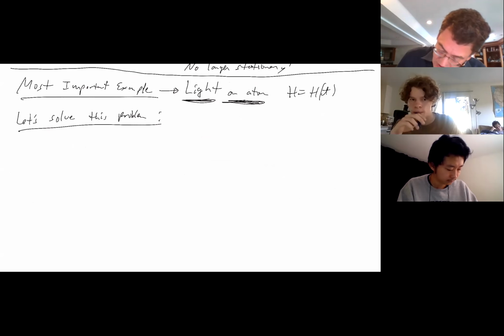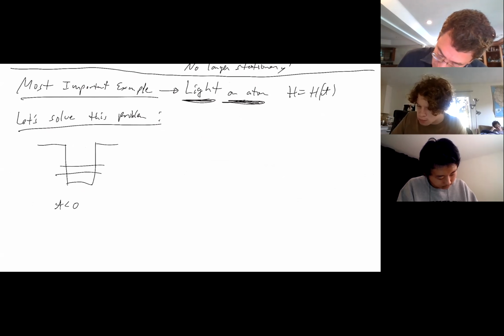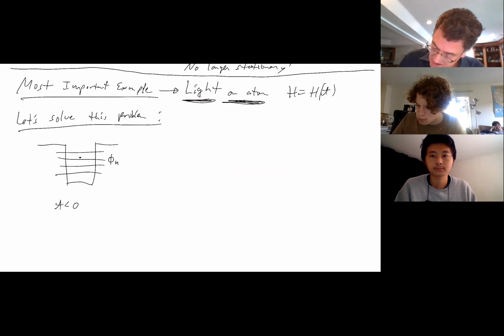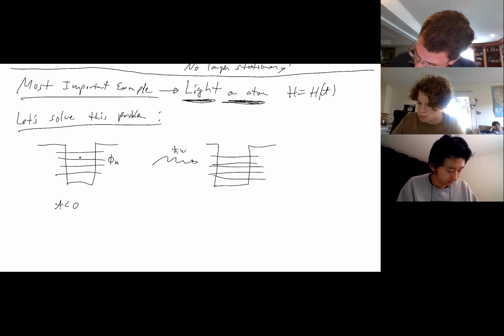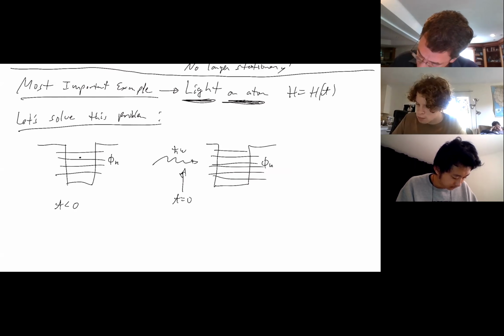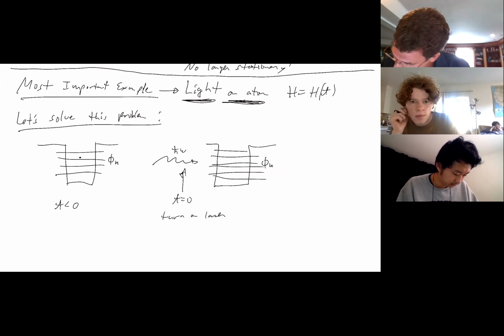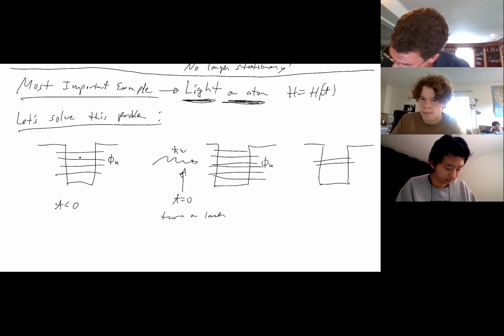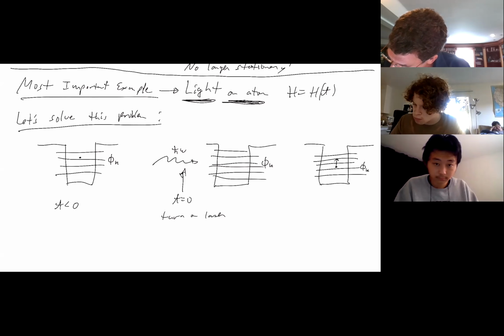This is the problem that I want us to solve. I'm sitting in some state at t less than 0, I'll call it the kth state, some random state, and then I shine some light on it at t equals 0, turn on laser, and then at t greater than 0, I want to know what's the probability that I have made a transition to some other random state.